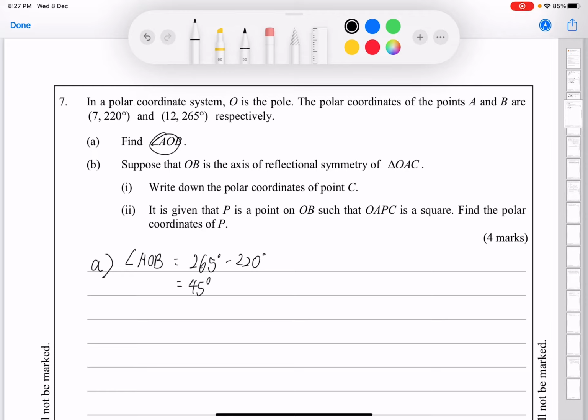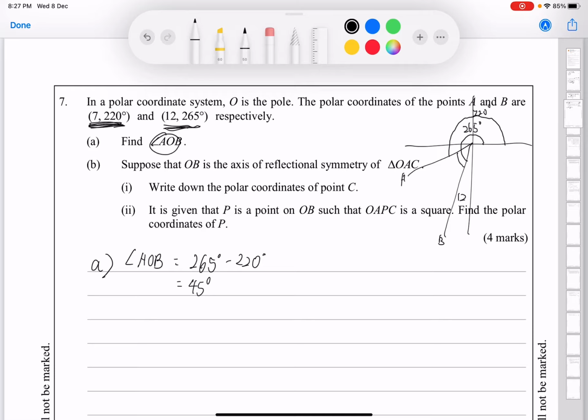Why? Because this one is the polar coordinates of B, while this one is A. 265 means this angle is 265, and this one means it's 220.